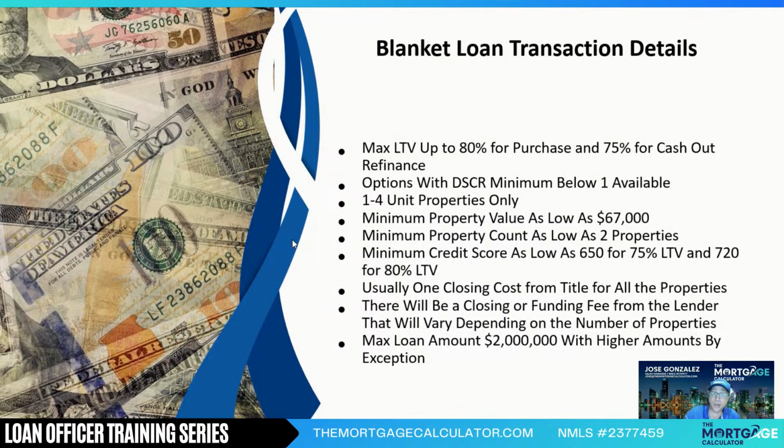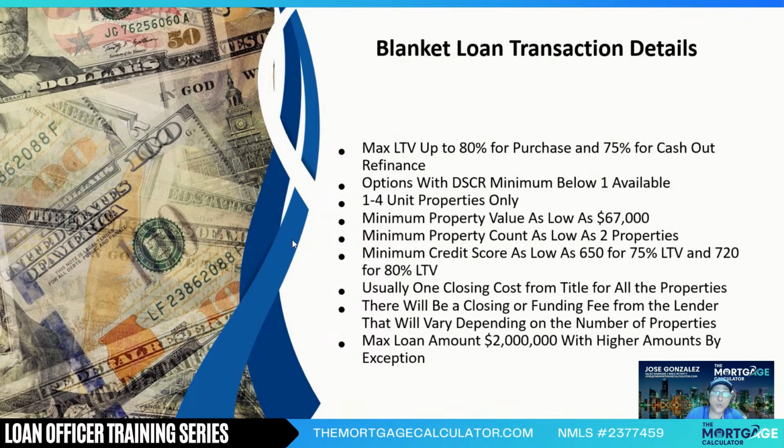You're going to have a blanket loan of two properties. Minimum credit score as low as 650 for the 75% LTV option that I just mentioned, and 720 for the 80% LTV option, which is obviously going to have slightly better interest rates even at the 80% LTV.